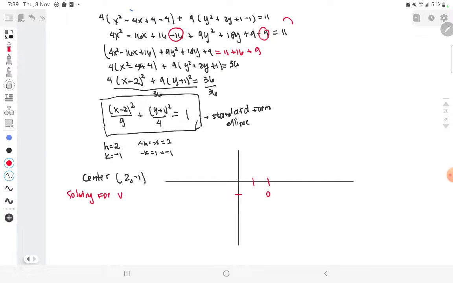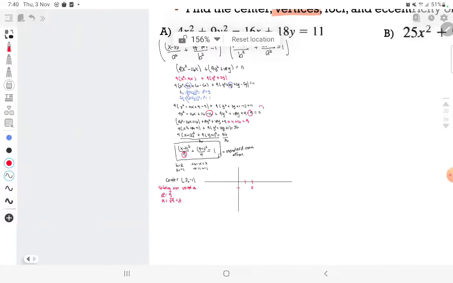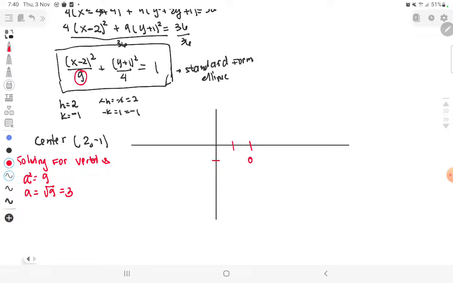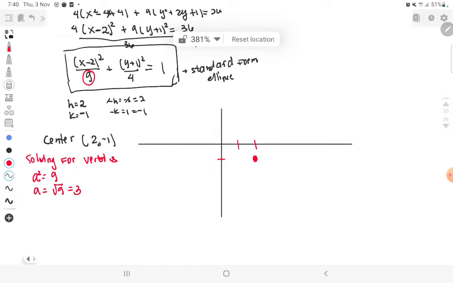Now in here you would notice that our a is always our major axis, so our a squared is equal to 9. So therefore our a is equal to the square root of 9, which is equal to 3. Now what is our vertex? So this is 3 units from the center, which is equal to vertices.